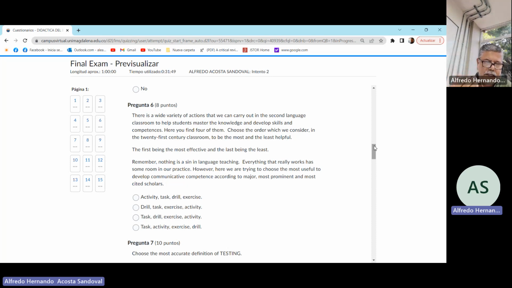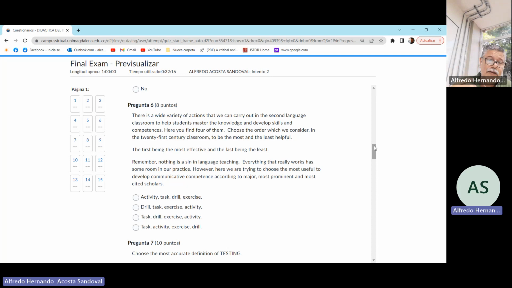I'm reading the first one: activity, task, drill, exercise. And the idea was to organize them from the one that is most useful to the one that is least useful to develop communicative competence. I think I was clear about that.